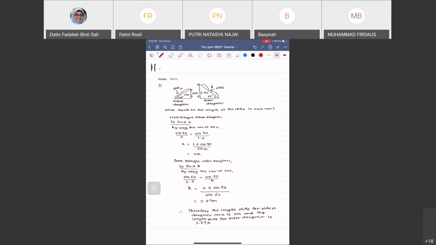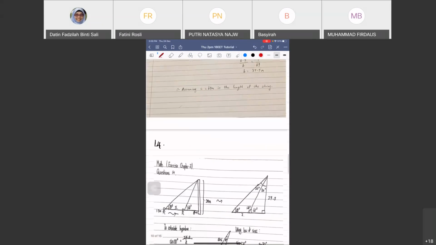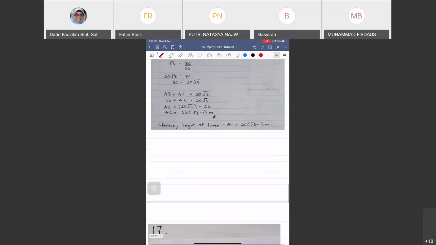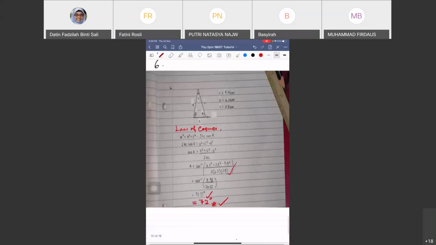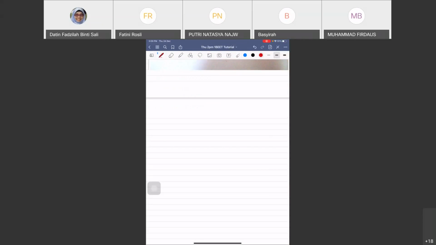Before I look at question 11, I will talk about what we call the angle of elevation and inclination. You have this terminology: angle of inclination, or inclination angle, or sometimes they use the word elevation.